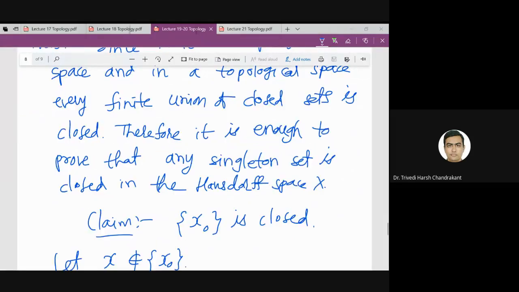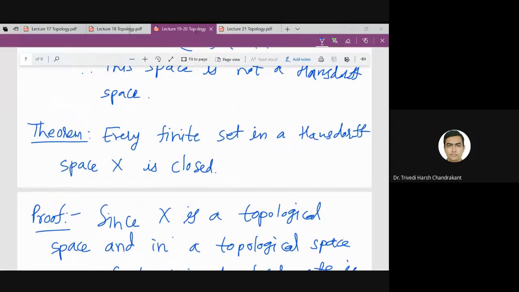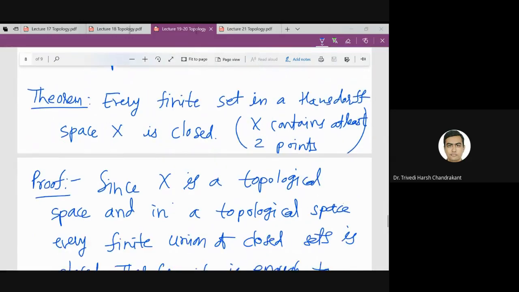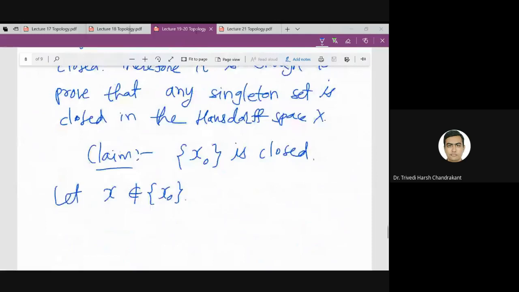It is not mentioned here, but basically X contains at least 2 points, and if X does not contain 2 points, then trivially it satisfies the property that it is Hausdorff, and in that case X is either phi or a singleton, so therefore every subset is closed.